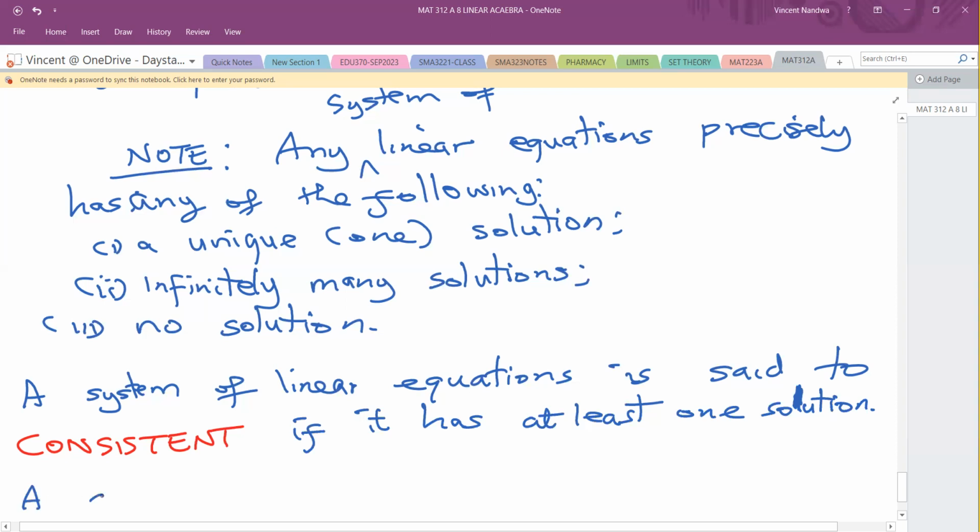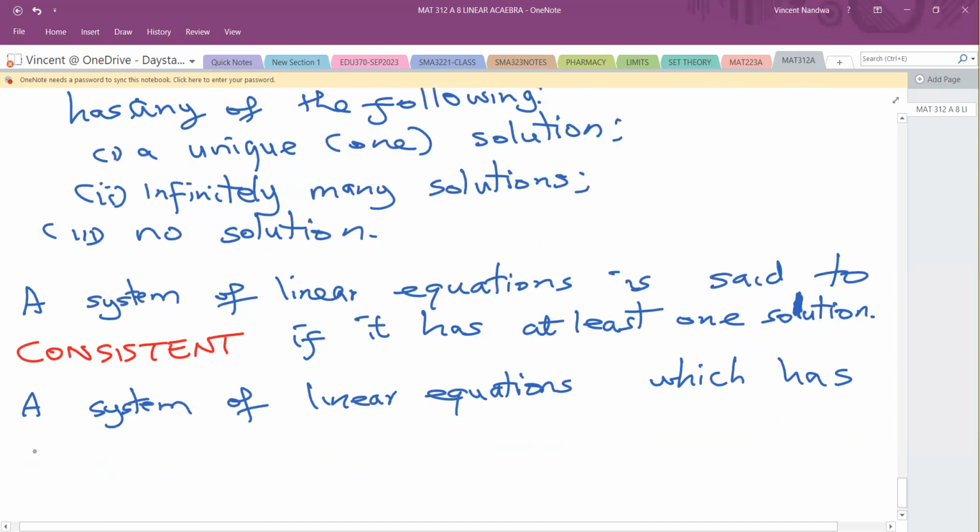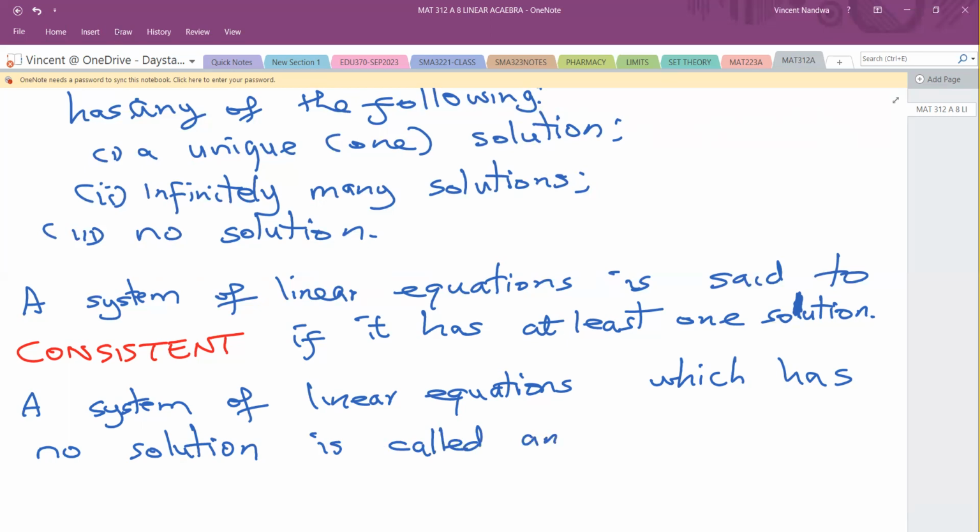And a system of linear equations which has no solution is called an inconsistent system.